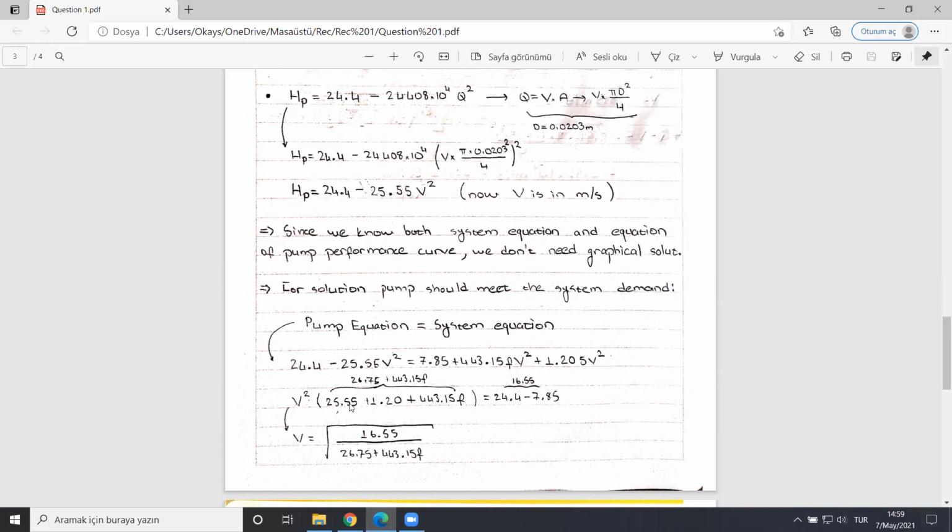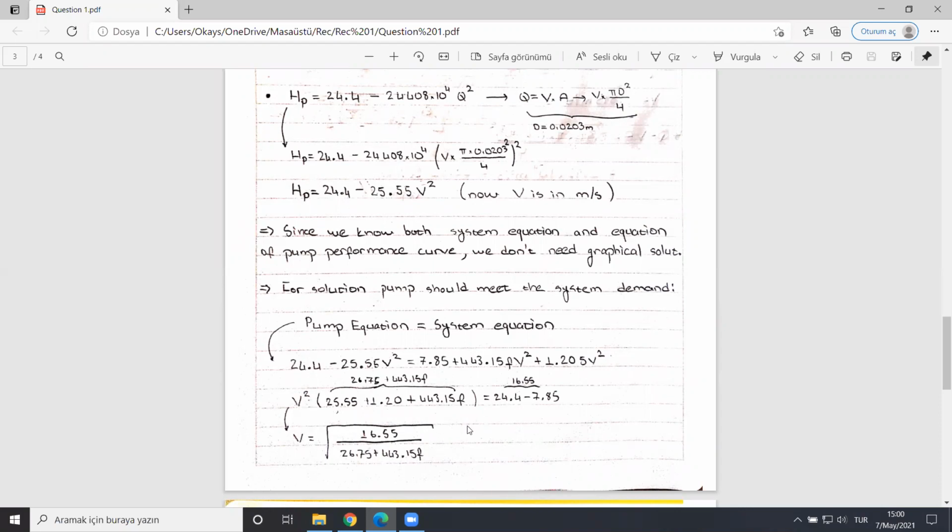We have 25.55 plus 1.20 and 443.15 F will be equal to 24.4 minus this 7.85. And we don't want it in terms of square, we want to have only V. So I throw this as a denominator to here because we want V alone. Then take the square root, and at the end we get this equation for the velocity.